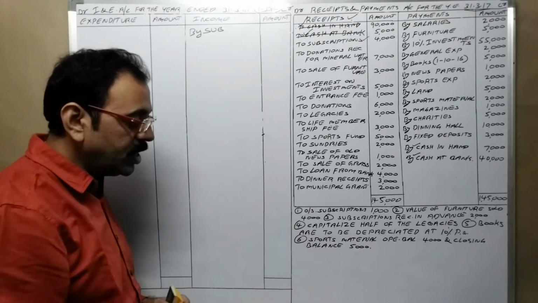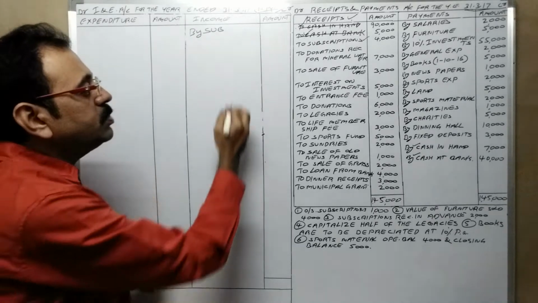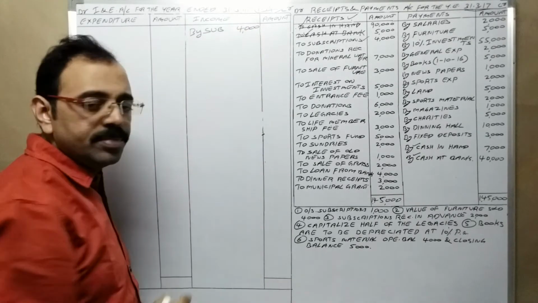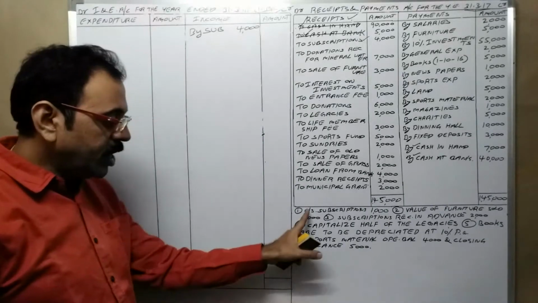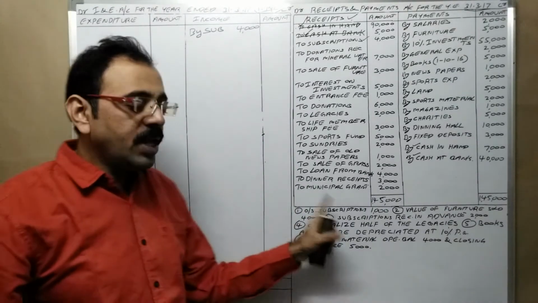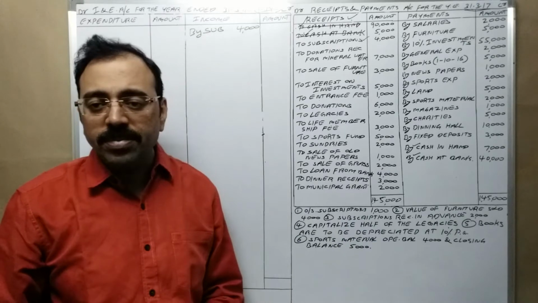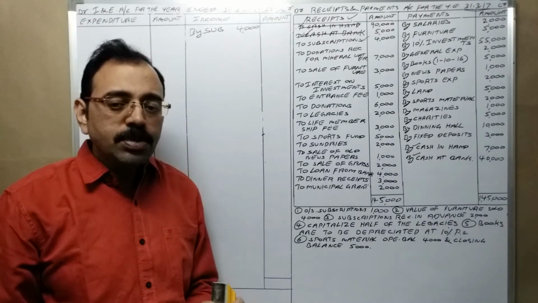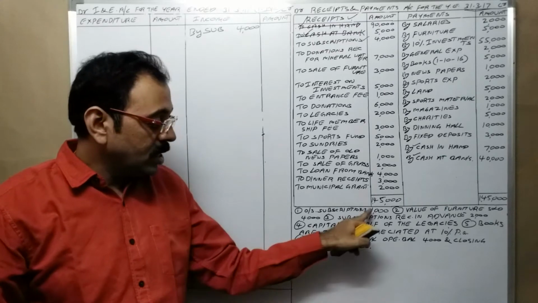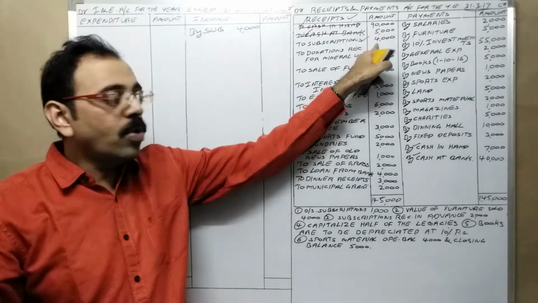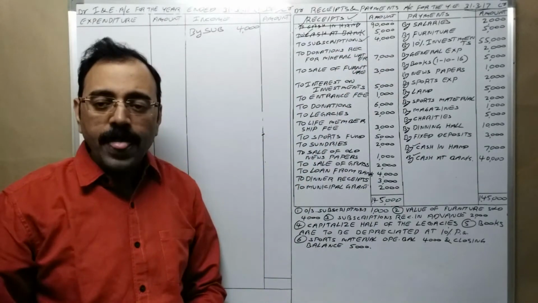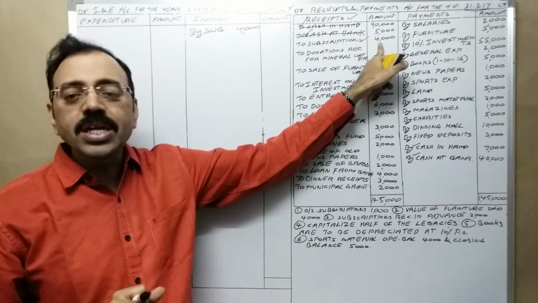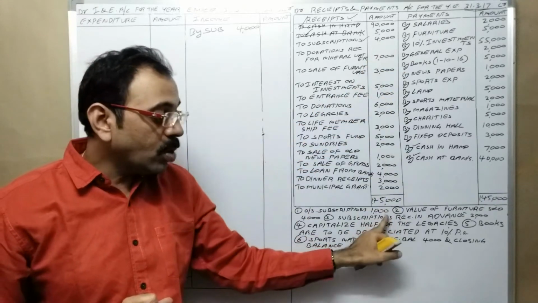Yes, adjustments are there. Therefore, subscription amount 4,000 in inner column. Then adjustment number 1. Outstanding subscriptions 1,000 rupees. What is the meaning of that? Total subscription for current year is 1,000 plus 4,000, 5,000. In that 4,000 we received it and more 1,000 should come.